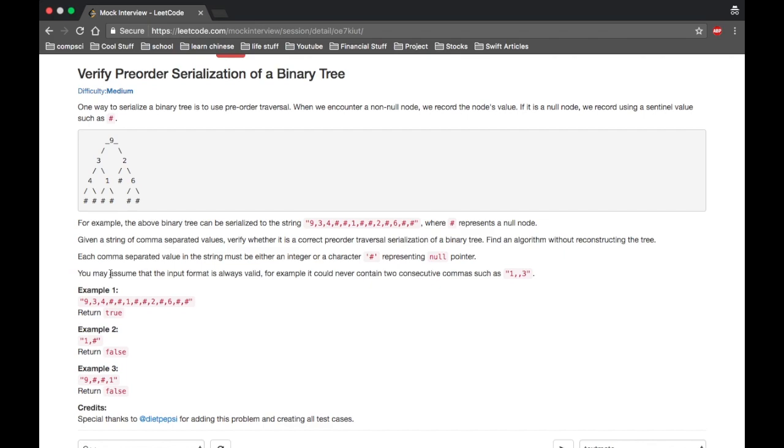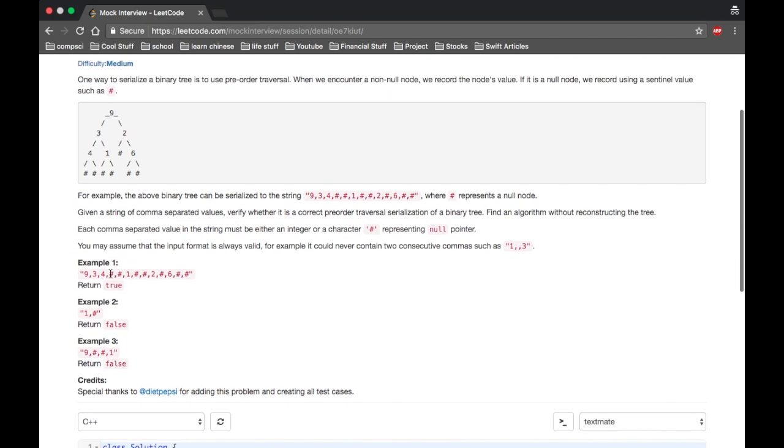Okay, and then given a string of comma separated values, verify whether it is a correct preorder traversal serialization of a binary tree. Find an algorithm without reconstructing the tree.